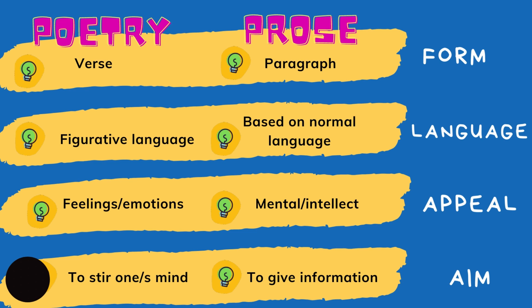While in prose, sabi niya dito, based on normal language. Why is it based on normal language? Because since it's written in paragraph form, we are usually writing directly. For example, when we are writing an essay, diba, we have the introduction, body, and conclusion.